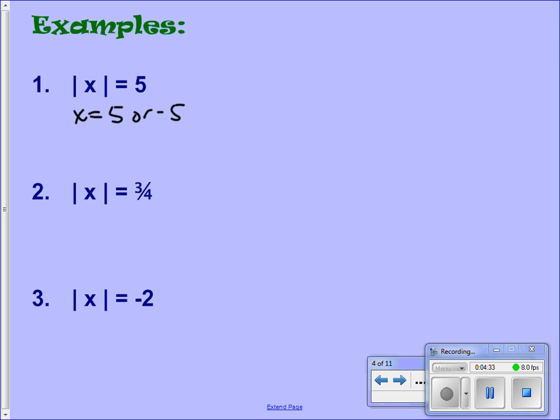It's a fraction, which is fine, but it is a positive fraction, so x either equals positive 3/4 or negative 3/4, because both of those would have an absolute value of positive 3/4. But number 3, the absolute value of x is negative 2. There is no value whatsoever that will give us an absolute value of a negative number. So this has no solution, because you cannot have an absolute value equal a negative number.